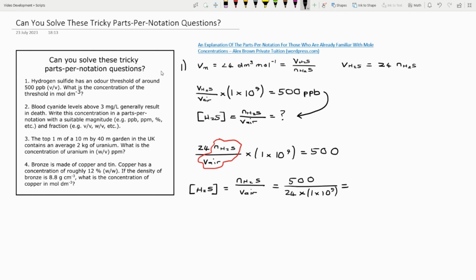Now, if we put this into our calculator, 500 divided by 24 times 1 times 10 to the 9 is equal to 2.08 times 10 to the minus 8 mole per decimeter cubed. And this answers our question.